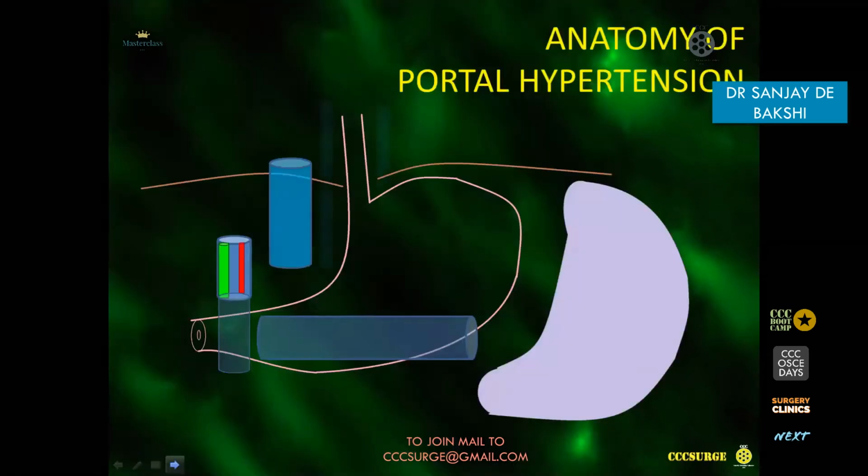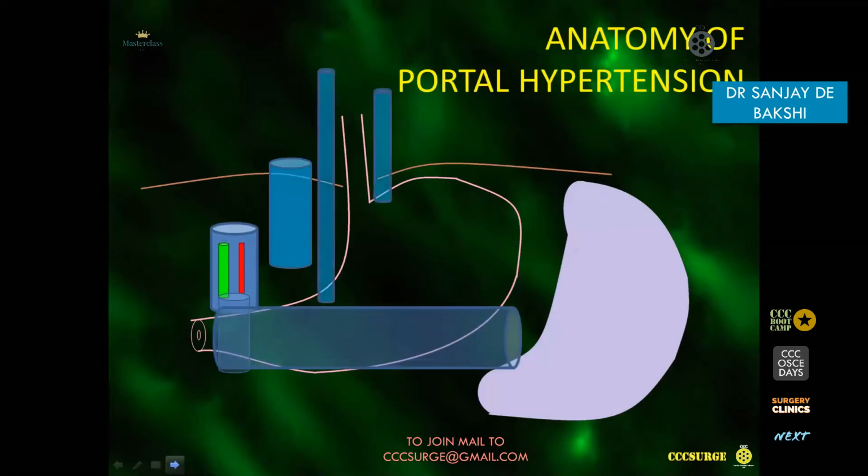So now we have the anatomy of portal hypertension. What are the things that we need to be careful about? We need to be careful about the coronary vein, which takes blood away from here. We need to be conscious of the right gastric, the right gastroepiploic, the left gastroepiploic, and the large veins out here.